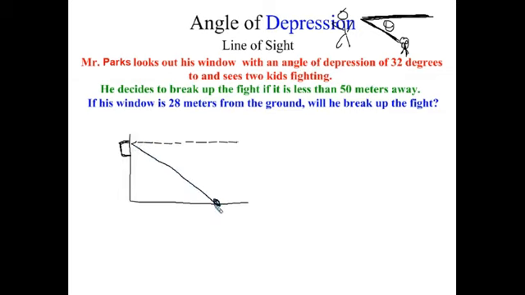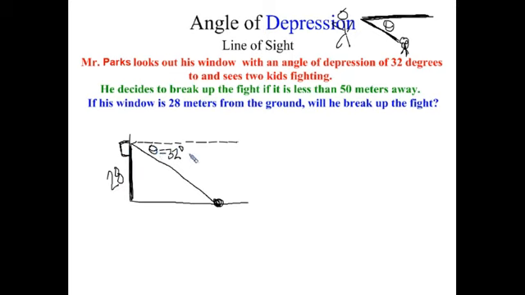So maybe the two kids are right here somewhere. This would be considered the angle of depression, so we can label this as 32 degrees. And then it told us that his window is 28 meters from the ground. So this distance here is 28 meters.